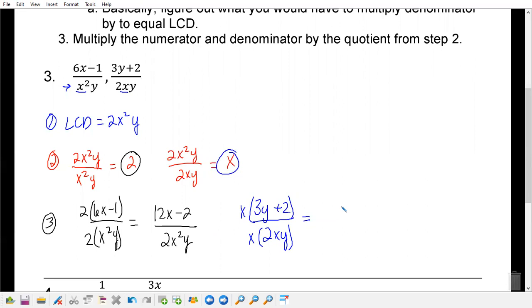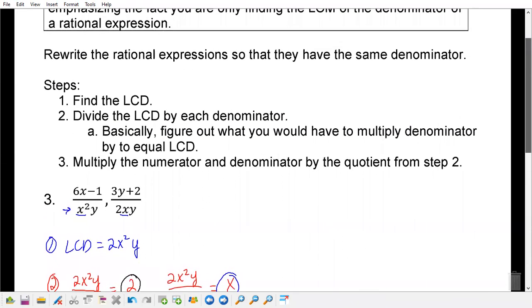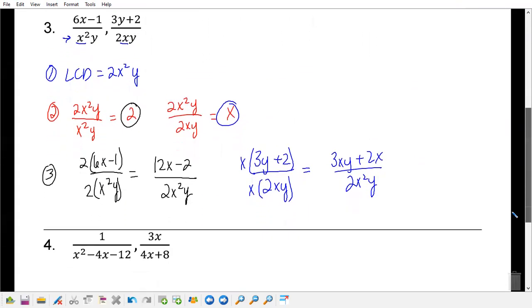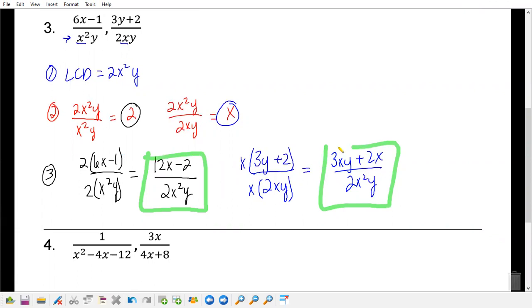Got to keep it balanced, and that gives me 3xy plus 2x over 2x squared y. So now what it wanted me to do was to rewrite the rational expressions so they have the same denominator. I rewrote the rational expressions so they both have the same denominator.